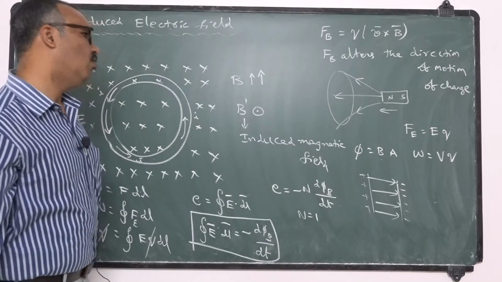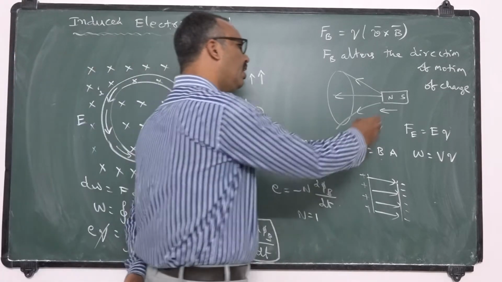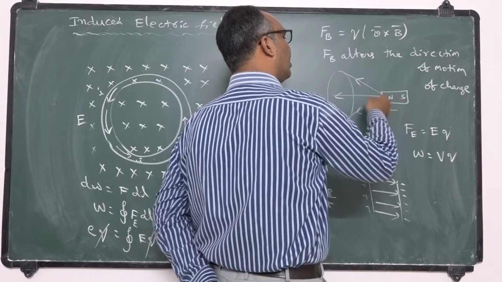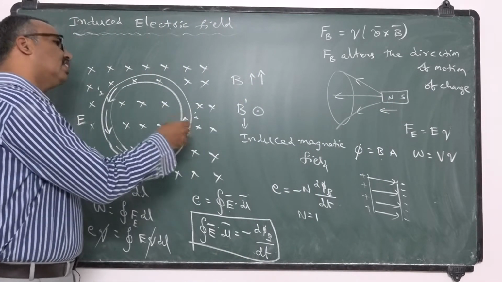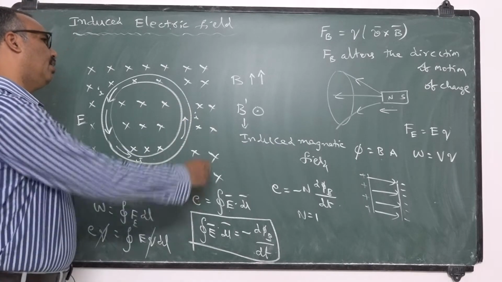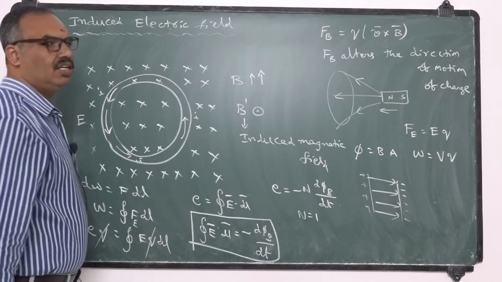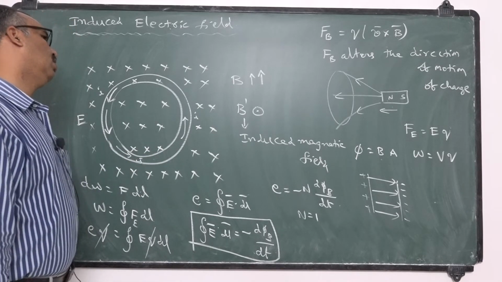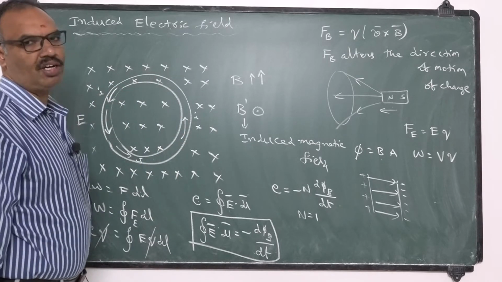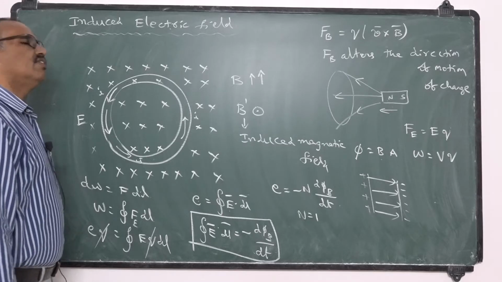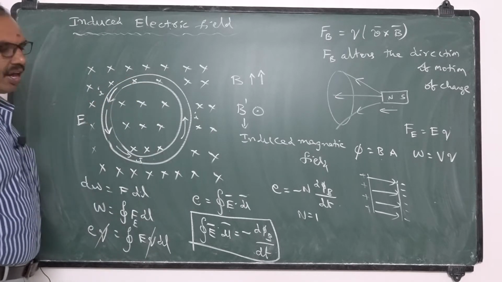Whatever it is, if you increase the strength of the magnetic field by bringing the magnet nearer, whenever the magnetic flux linked with the coil changes its value, it leads to the development of induced EMF or induced current in the circuit, whose direction is given by Lenz's law. And the magnitude of this induced EMF is given by Faraday's law.